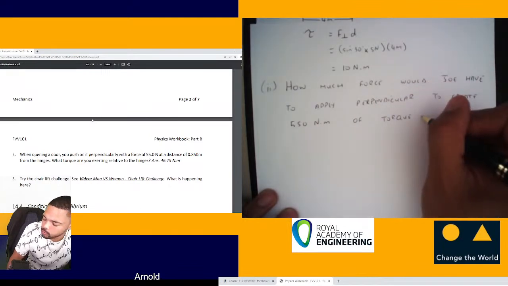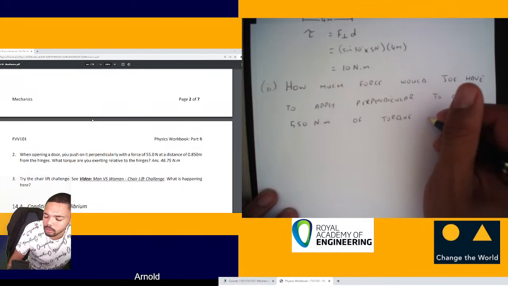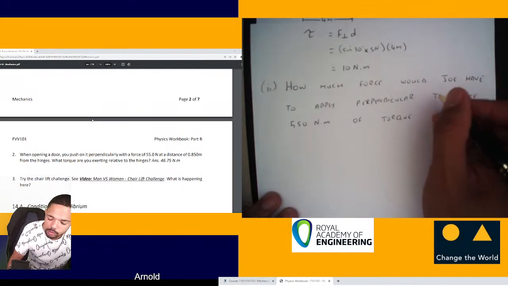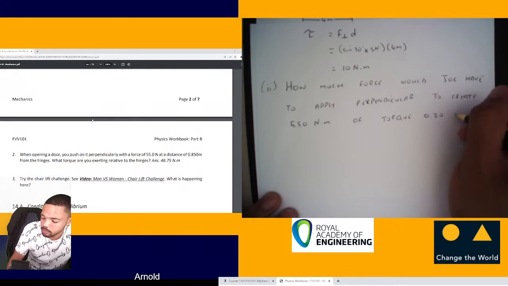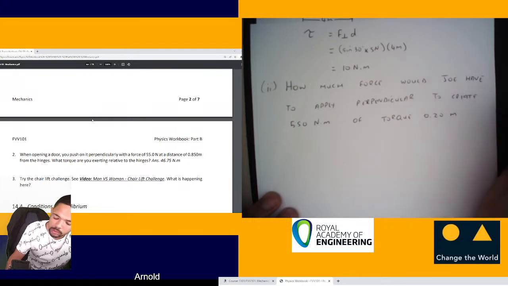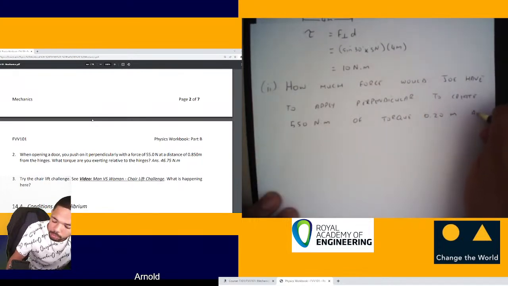So we need to calculate the force needed to be applied perpendicular to create 550 newton meters of torque 0.20 meters away from the pivot point.